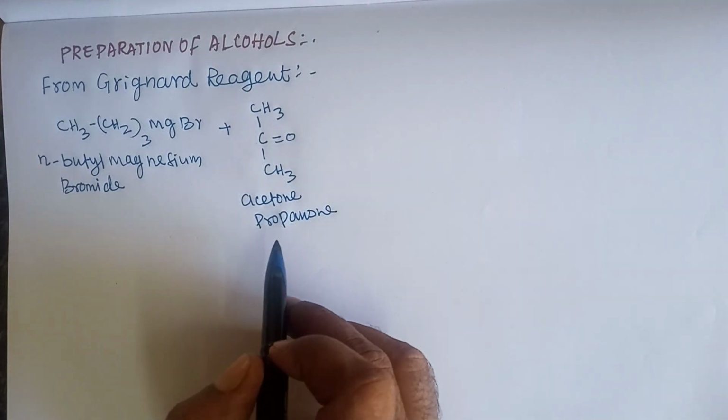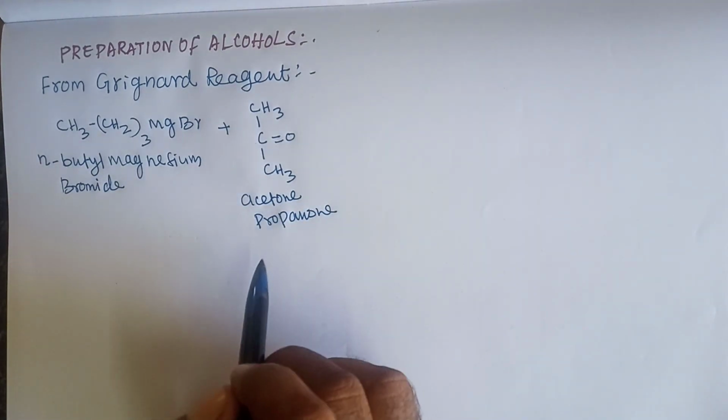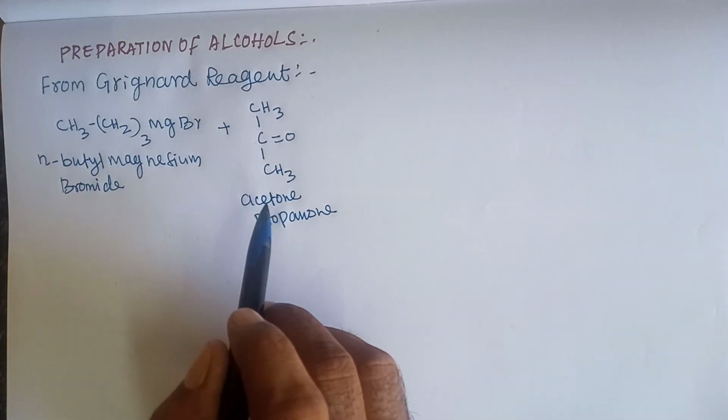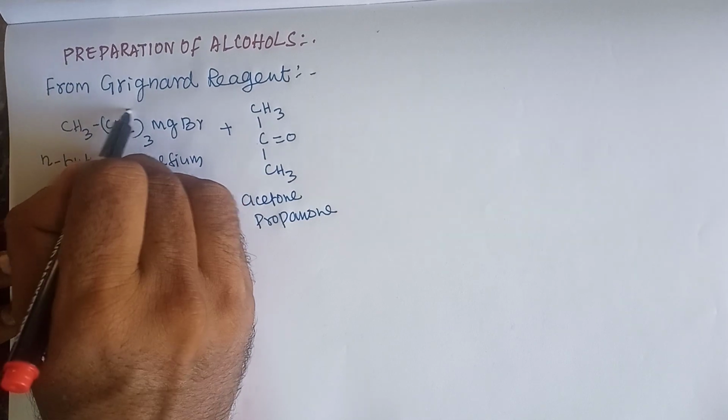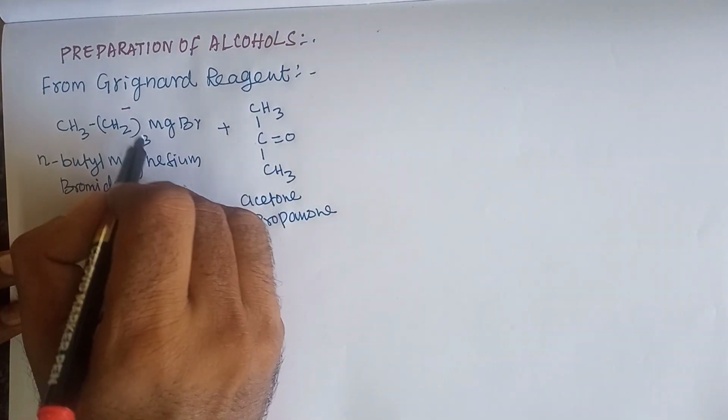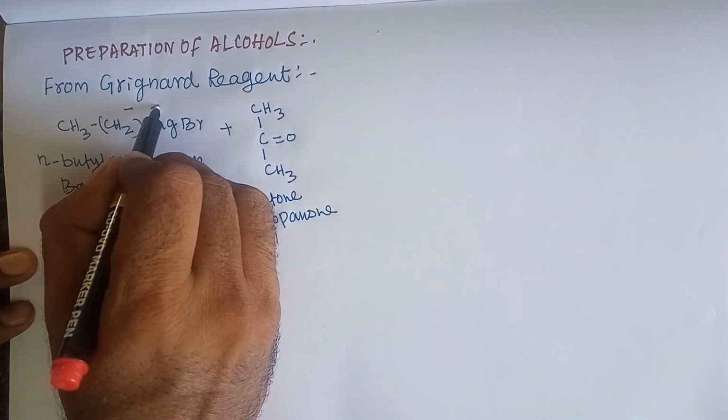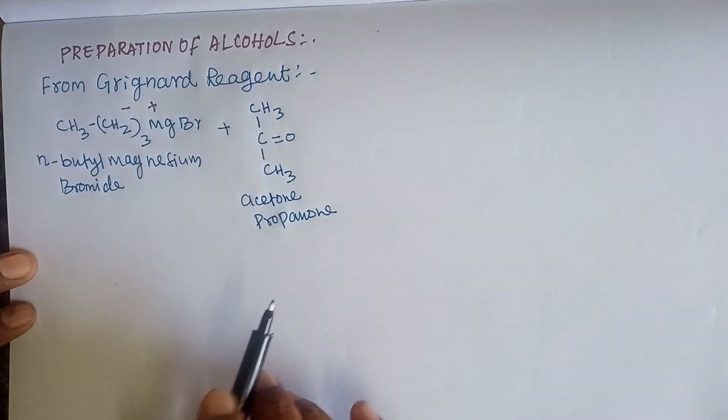The IUPAC name is propanone. The common name is acetone. Here this is the nucleophile, CH3, CH2 thrice minus, Mg plus Br.